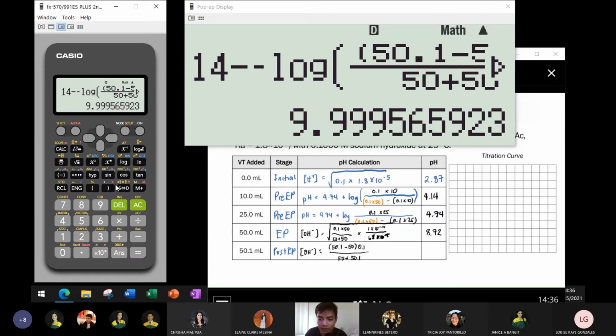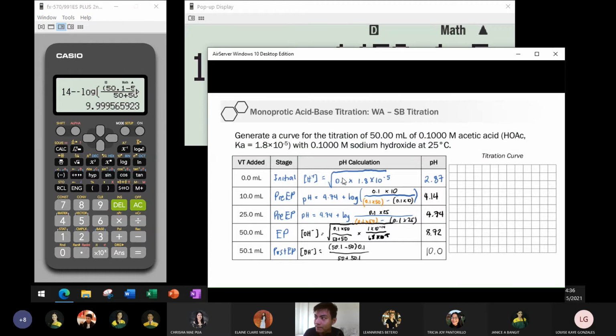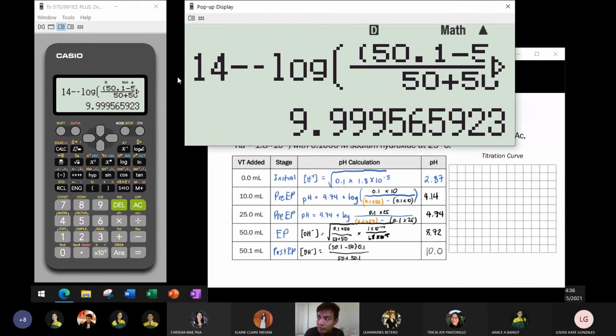Yan yung sagot natin. 9.999 or 10. 10.0. Round off nyo na yan. Okay. Again, pag pOH yung nakukuha nyo, pwede lagyan nyo na sa harap ng 14 minus the negative log. Huwag lang kayo magkamali ng sign.